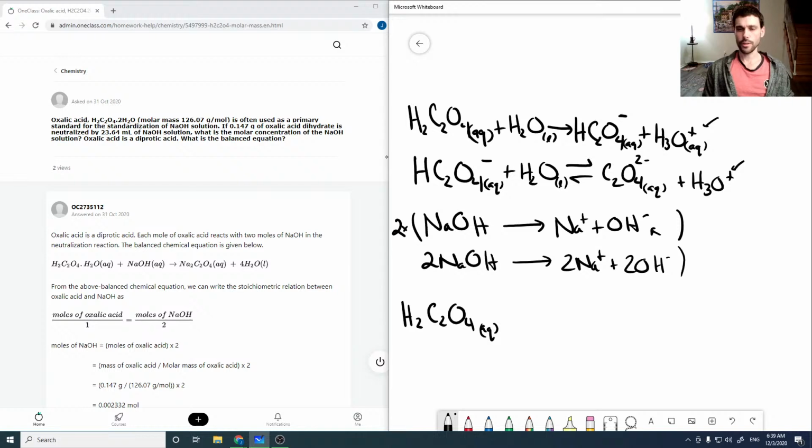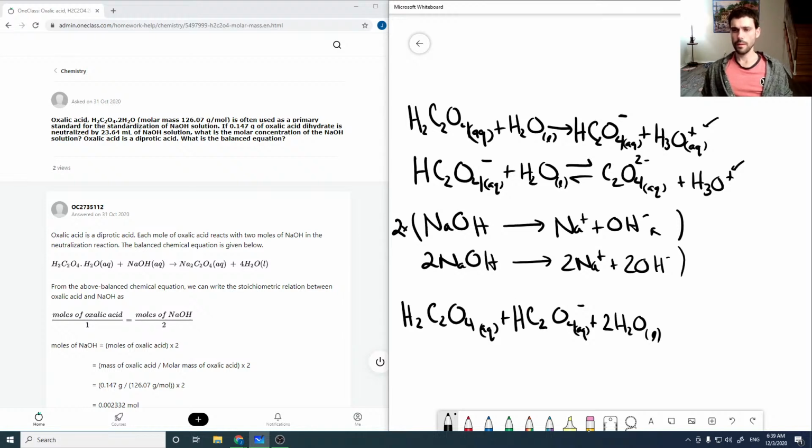And I'm just going to write the reactant side right now, plus 2H2O liquid aqueous. I missed the C2 here, so I'm just going to erase it so I don't make it too messy.